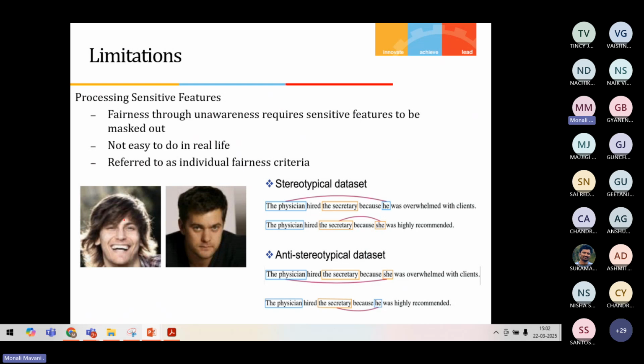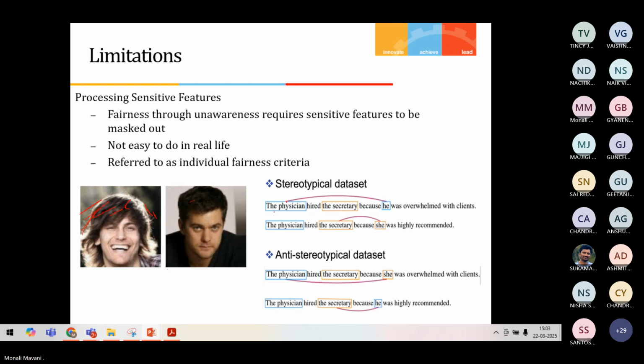Another example: long hair means women, and short hair means men. Another example of bias you can read is a very stereotypical natural language data set. The physician hired the secretary.